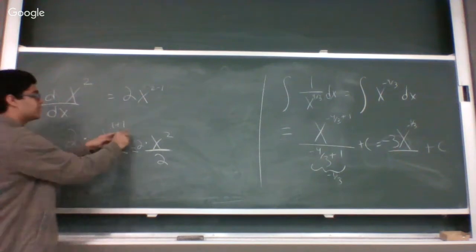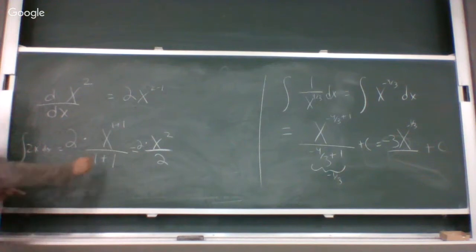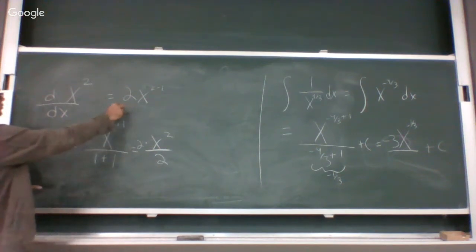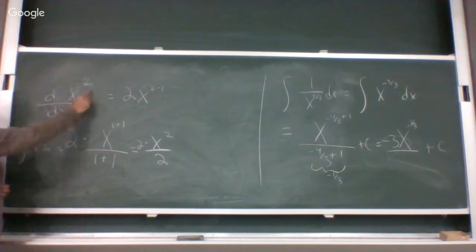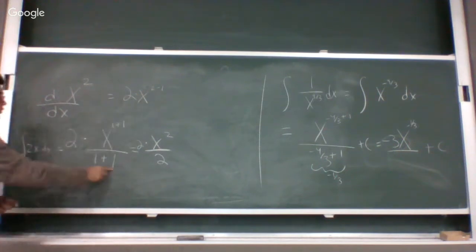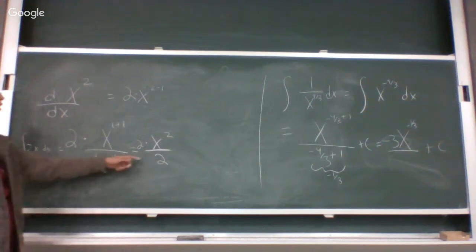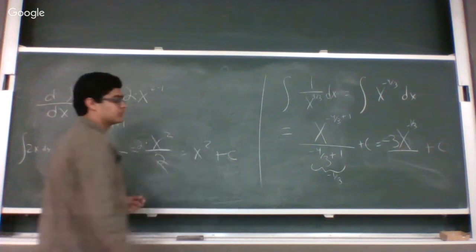So we add back that exponent, and we divide by what we had brought down, which was that exponent plus 1 again. This exponent is 1 more than what it has now, which is that number. So it's exactly the opposite. Here we multiply by the number, here we divide by that number, and in the end we go back to our original, but this time with a plus c.